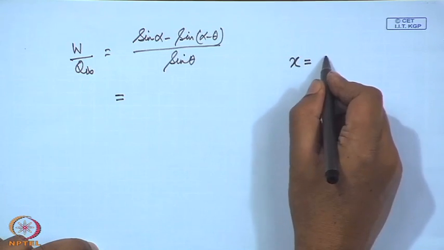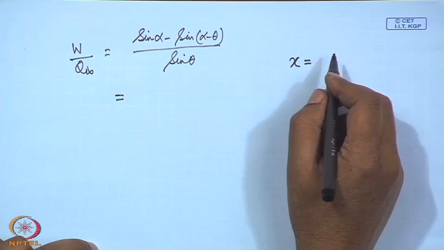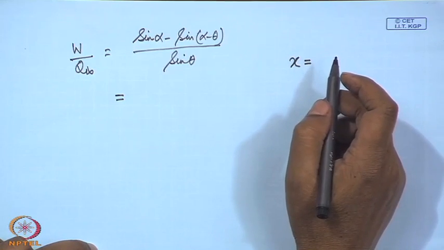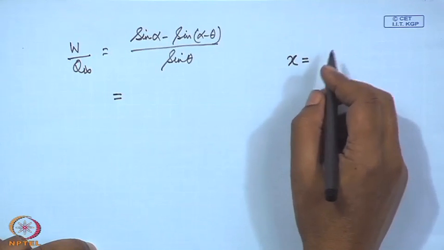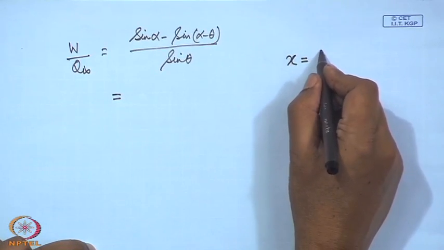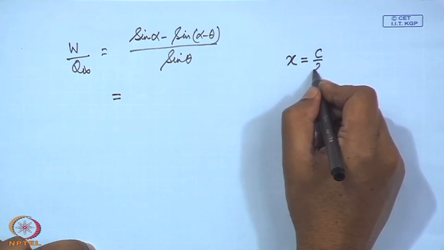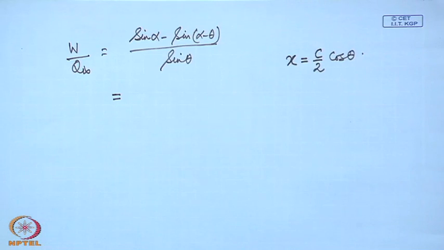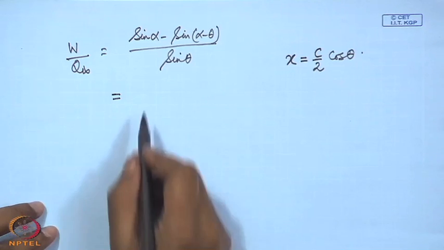X is equal to 2 r cos theta, 2 r cos theta, not r cos theta, and 2 r is c by 2. We will forget about this r, so x is c by 2 cos theta.